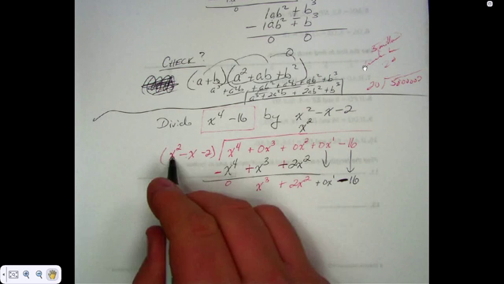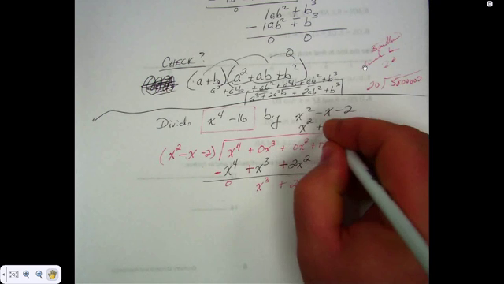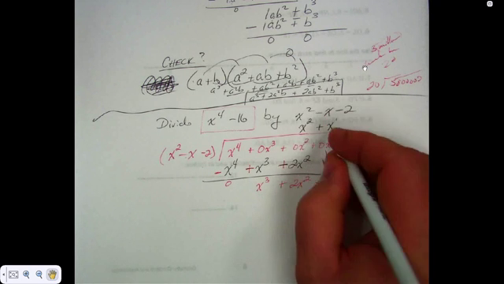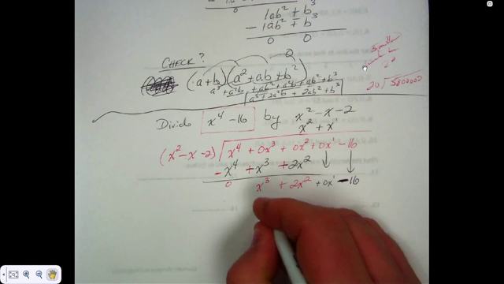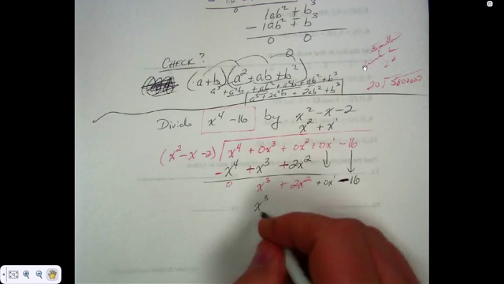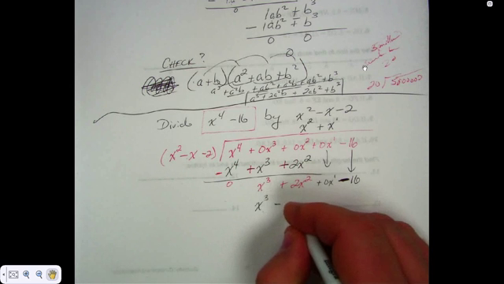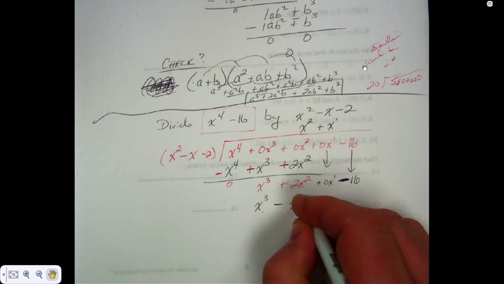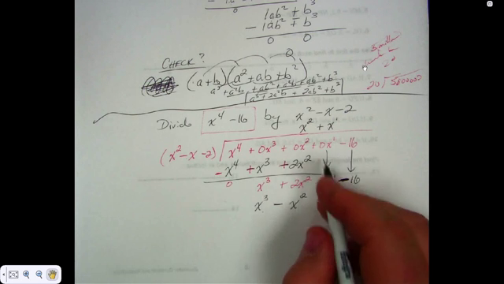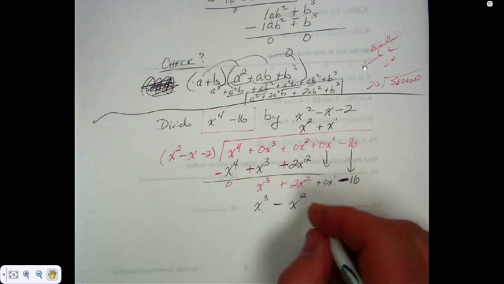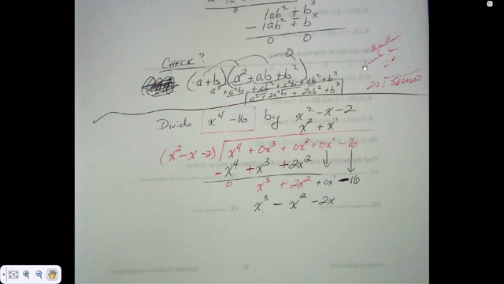Now, I have to say to myself, x to the 2nd times what is x to the 3rd? x to the what? Wouldn't x to the 1st times x to the 2nd be x to the 3rd? So now I keep multiplying through. x to the 1st times negative x will give me a negative x squared. Positive x times negative 2 would give me a negative 2x.